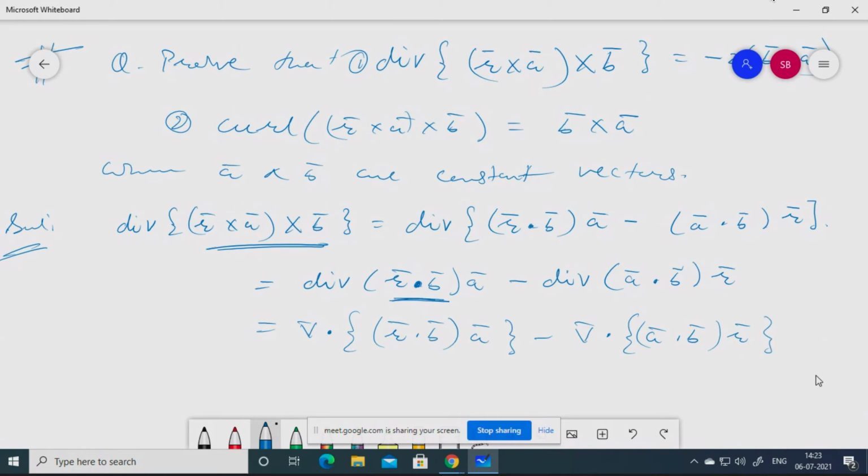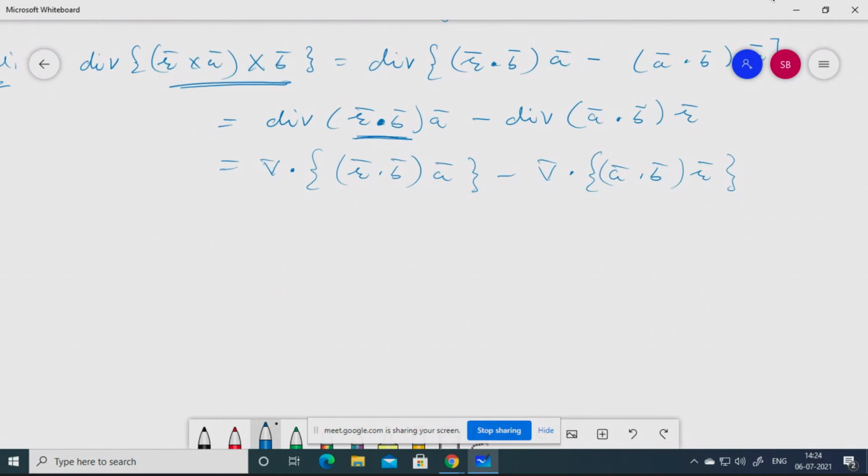So that means what you are calculating is del dot some function A bar. I think we have seen today, when we learned this, del dot on phi into A bar. Is this an identity or not?